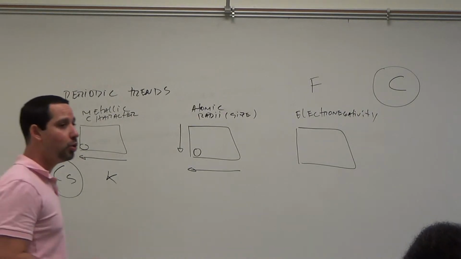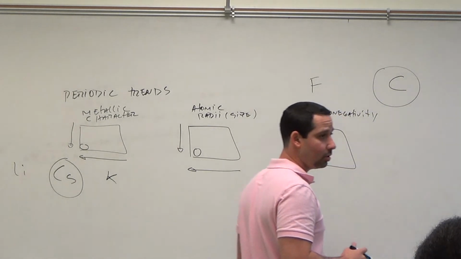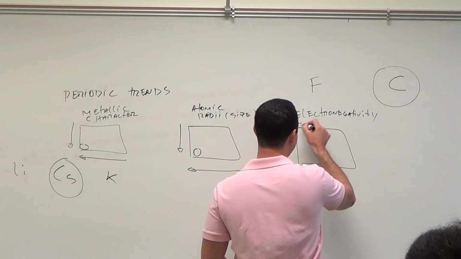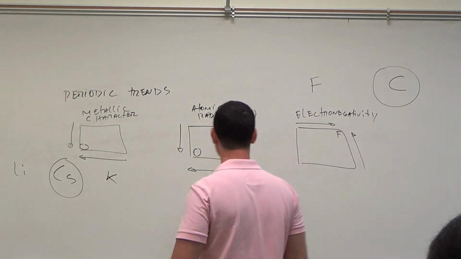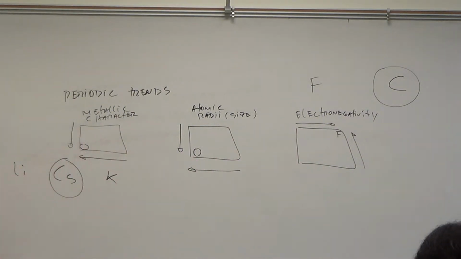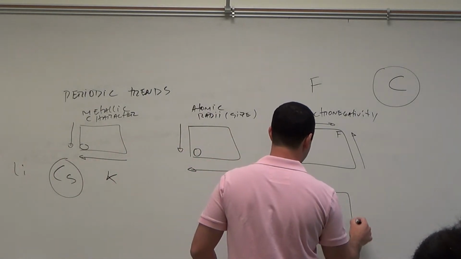Electronegativity does not include noble gases because noble gases do not make bonds, yes? Electronegativity increases this way and that way. The most electronegative element in the periodic table is fluorine.